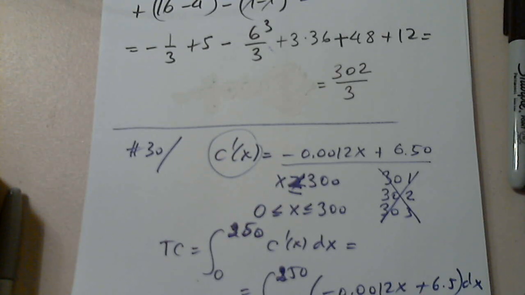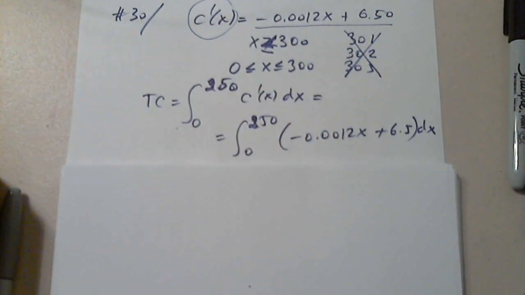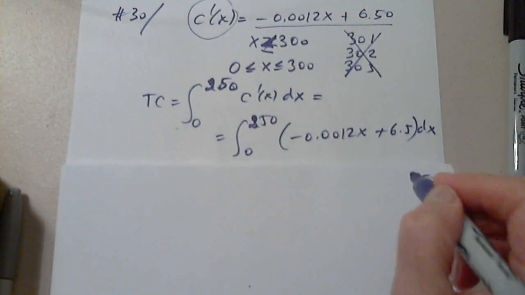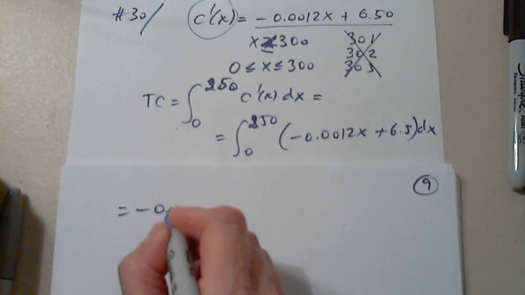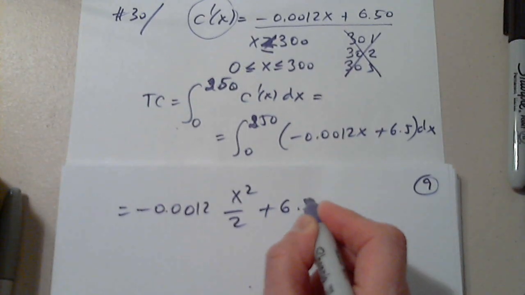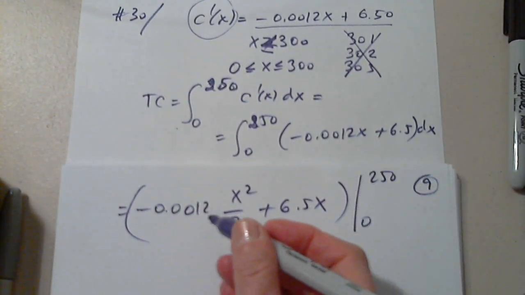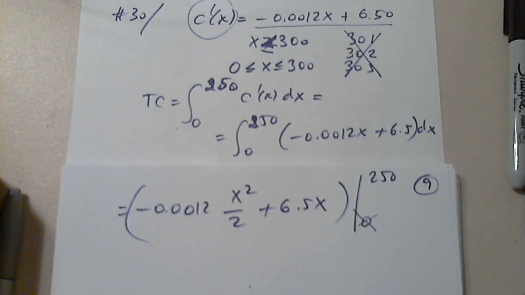Alright, and then after I find what the cost function is, I just plug in 250 for x. So you have negative 0.012x squared over 2 plus 6.5x, and you plug in from 0 to 250. Because this is a polynomial, you don't have to plug in 0.